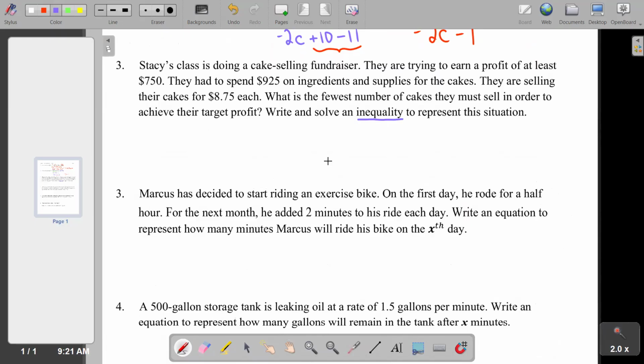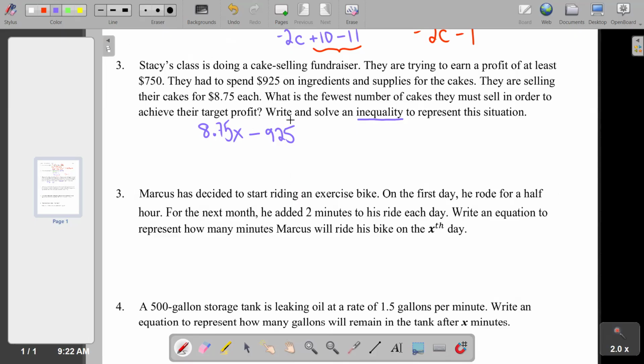What I want is to say, okay, how much money am I going to make? Well, I'm going to make $8.75 for every cake I sell, so that's 8.75 times x. But then I have to subtract, because things don't just happen out of nowhere. To make a bunch of cakes, you have to buy a ton of ingredients, probably a bunch of pans and who knows what else. So you spent $925.